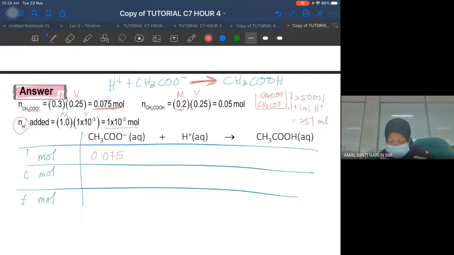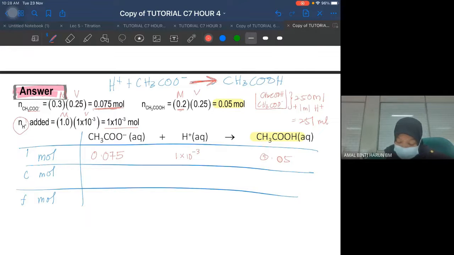Kemudian kita tambah strong acid sebanyak 1 exponent negative 3 mole. Okay, ada tak komponen acid which is this one di dalam buffer tu? Memang ada kan? So dia ada berapa banyak mole? 0.05 mole. Okay, that is the initial condition.